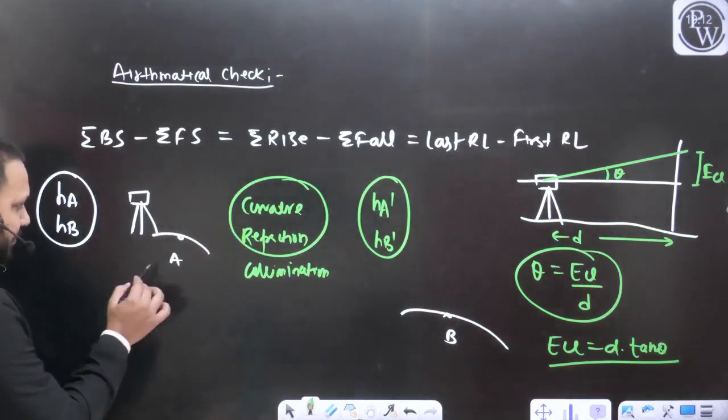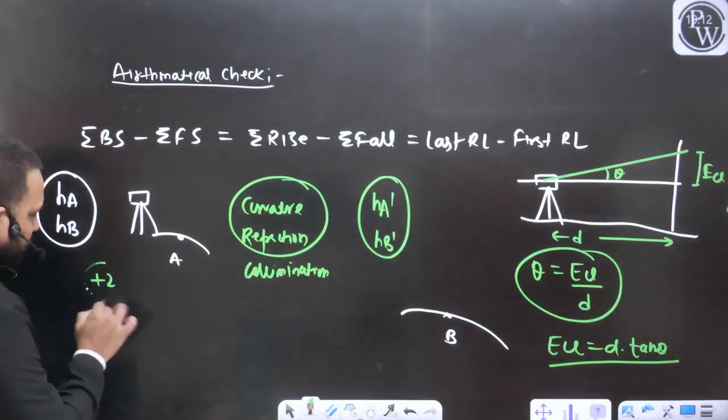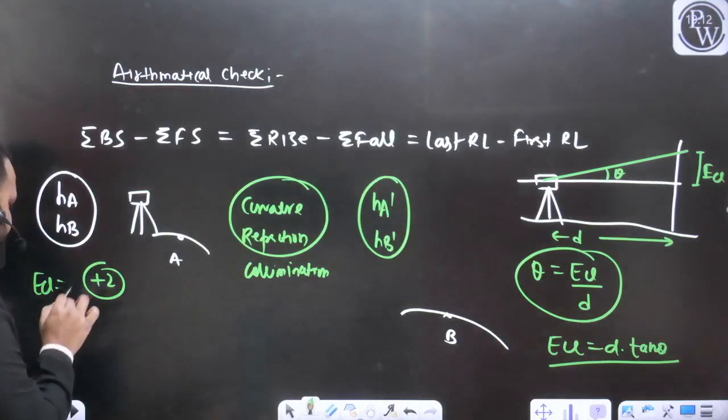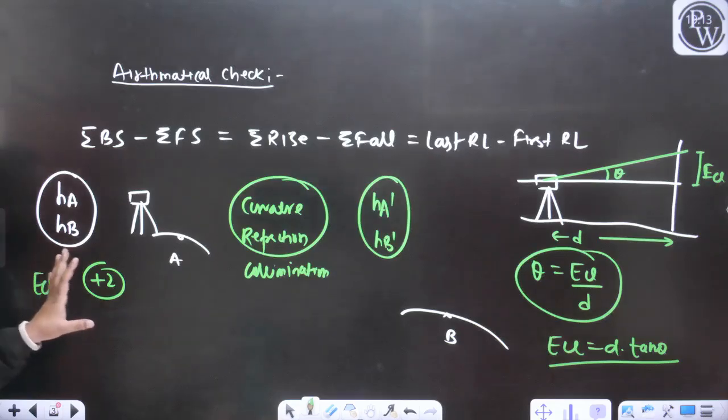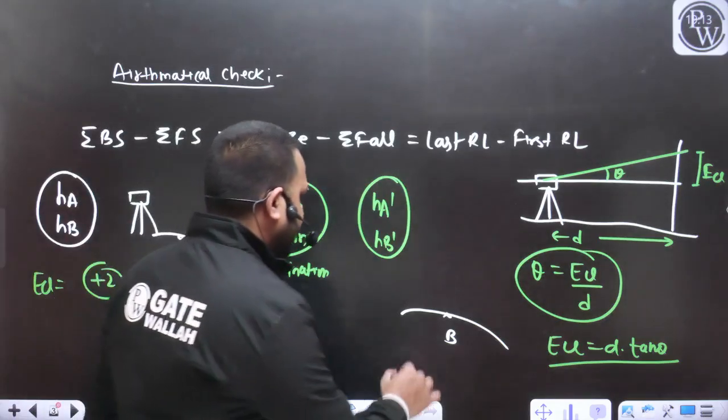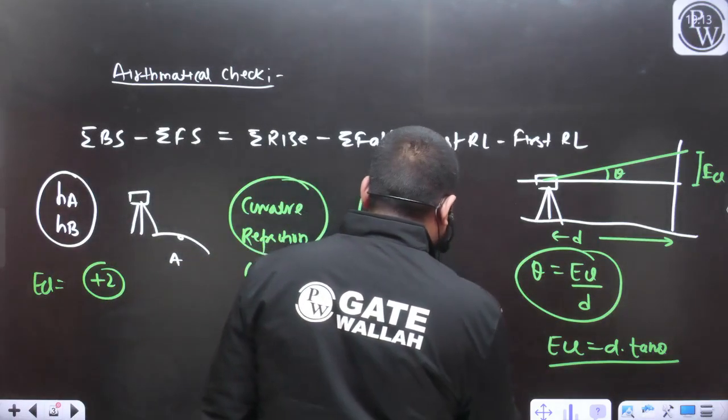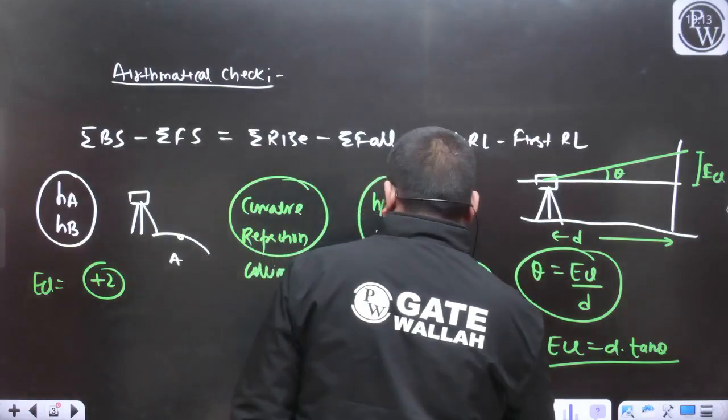Let's say from here we are taking a +2 error. For example, at this station the error due to the collimation is ECL, and when you use the same instrument from station B, here you will get ECL equal to -2, yes or no?